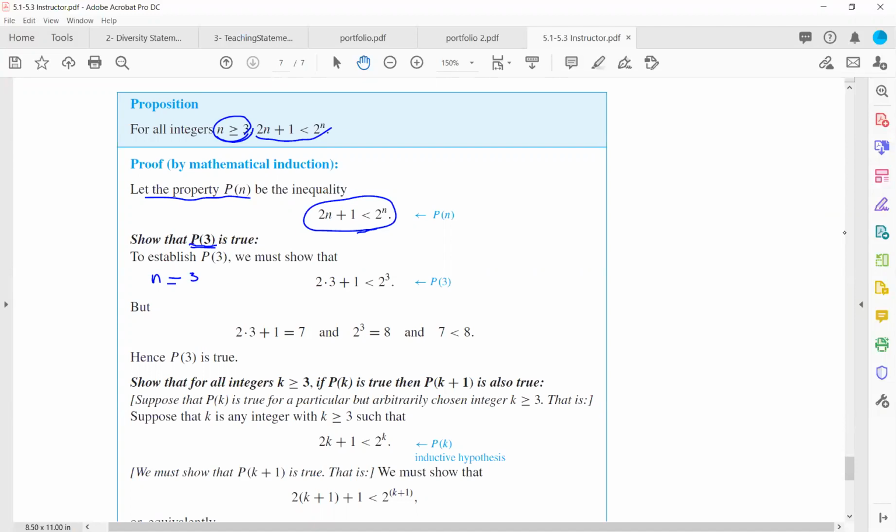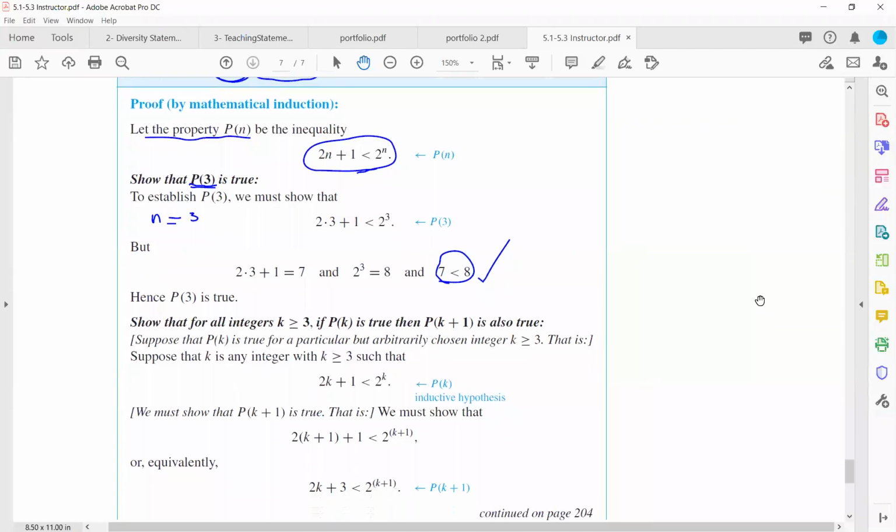That's obvious. If you plug in 3 for n, you get 2 times 3 plus 1, which is 7. If you plug in 3 here, you get 8, which says 7 is less than 8, and it is always true. So we're good with the base step. Now, let us move on to the inductive step.